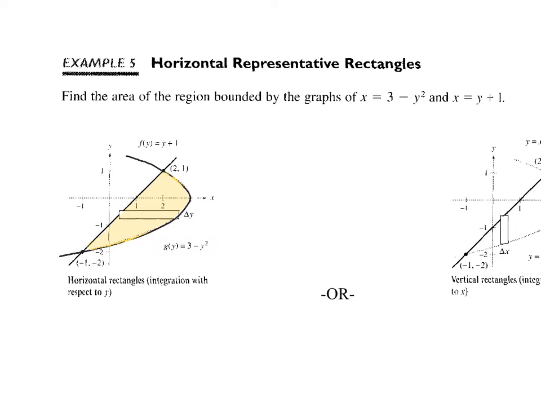Notice that in this case, the 3 minus y squared is the one on the right. This is saying that we're letting g of y be 3 minus y squared, and here is the x-coordinate where f of y equals y plus 1.